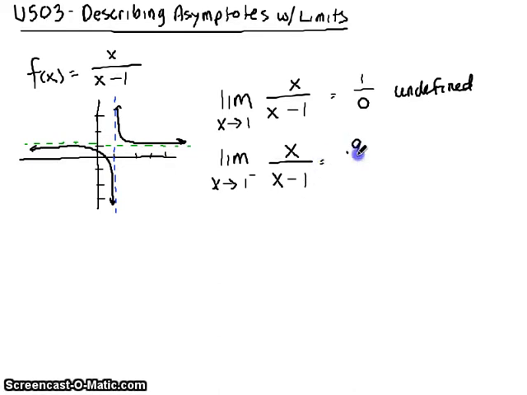So that would give us 0.999 over 0.999 minus 1. Now remember, the limit is just what we are approaching, so we don't have to actually plug in 1, because if we plugged in 1, we'd get that undefined again. So if we work this out, we're going to get 0.999 over negative 0.001, which, when we simplify, is going to give us negative 999.